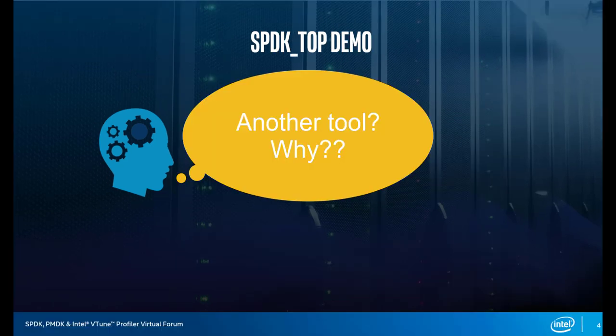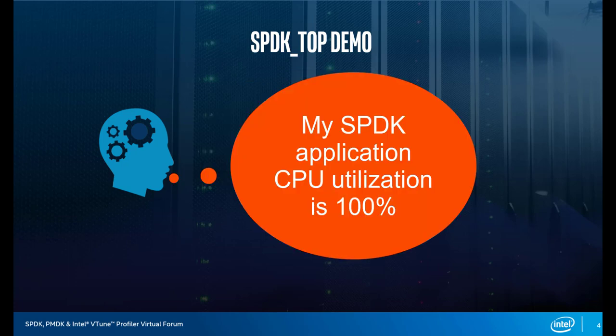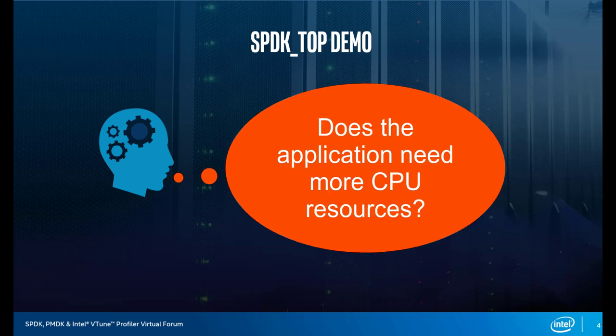In case you're wondering, why in the world do we need another tool? Let's talk about that. One of the common questions that's brought up when people adopt SPDK is they will run the standard top command and look at the CPU utilization, and it will hit them that the application is actually using 100% of the CPU resources that they've allocated to the application.